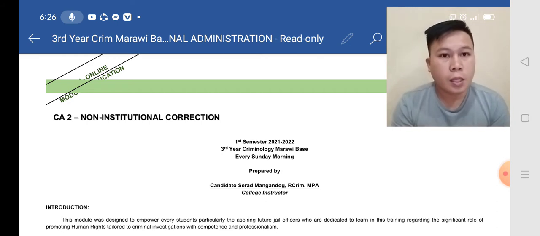So in this subject, we are going to tackle the different privileges given to inmates or prisoners inside and outside the correctional facilities.